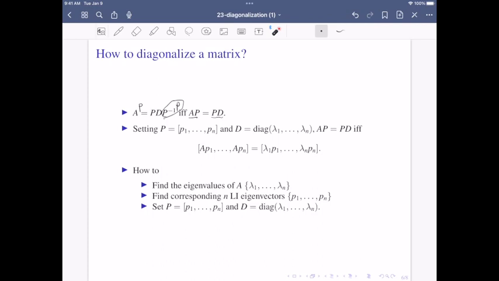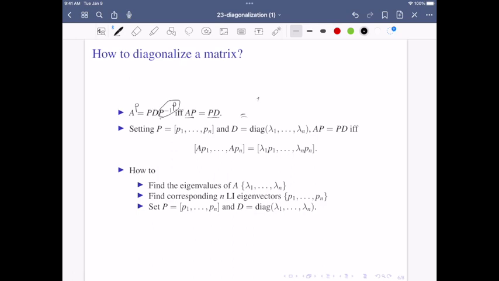If you write P as first column, second column, nth column, symbolically P1 to Pn, and the diagonal matrix D means a matrix of lambda 1, lambda 2, lambda n, and everything else is 0, then we can instantly write AP as AP1, ..., APn, and PD as lambda 1 P1, lambda 2 P2, and all the way like this. So that means the first column matches the first column. In other words, AP1 equals lambda 1 P1.